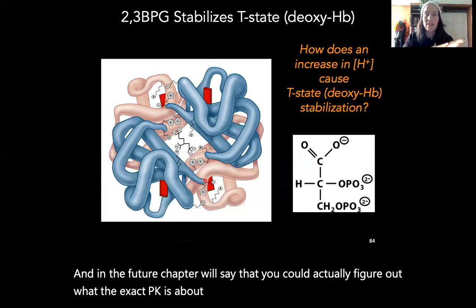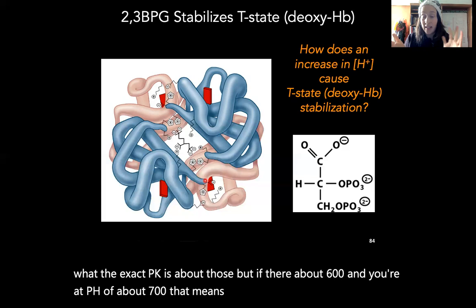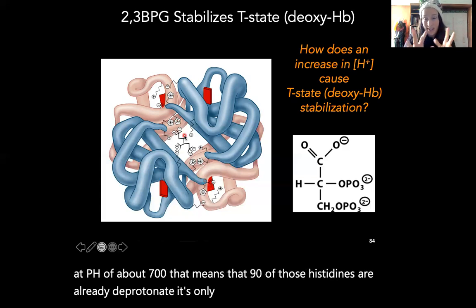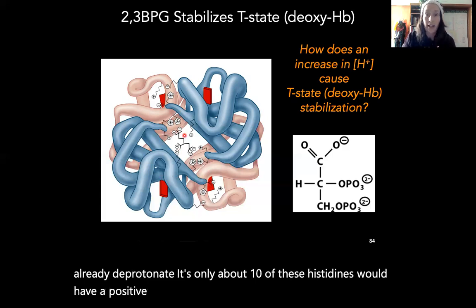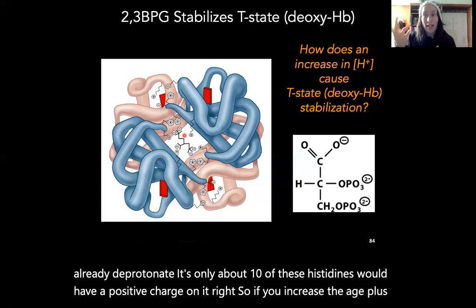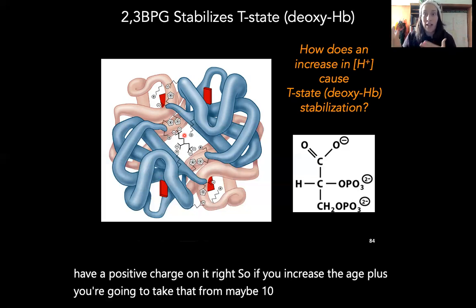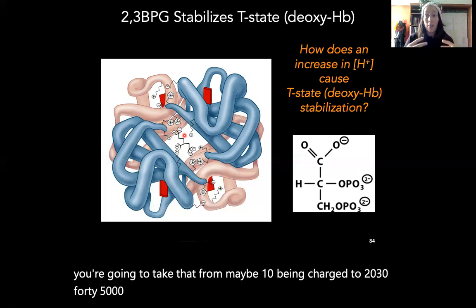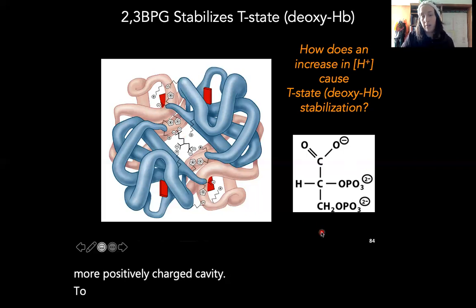But if it's about 6 and you're at a pH of about 7, that means 90% of those histidines are already deprotonated. So only about 10% of these histidines would have a positive charge on them, right? So if you increase the H+, you're going to take that from maybe 10% being charged to 20, 30, 40, 50, 100%. So you are creating that more positively charged cavity to allow 2,3-BPG to bind.